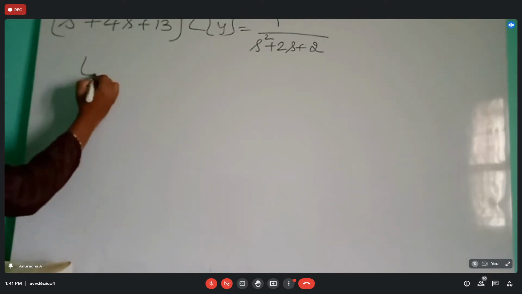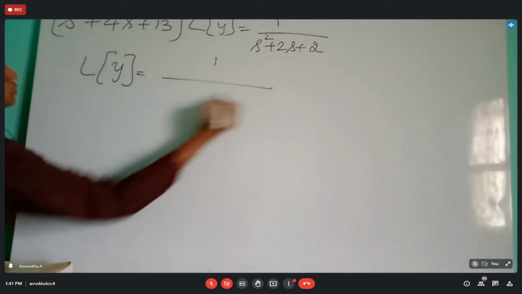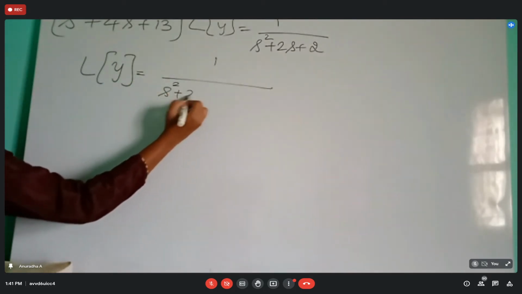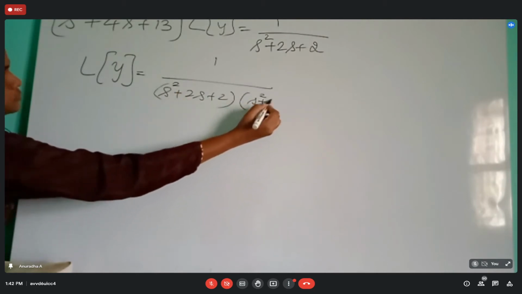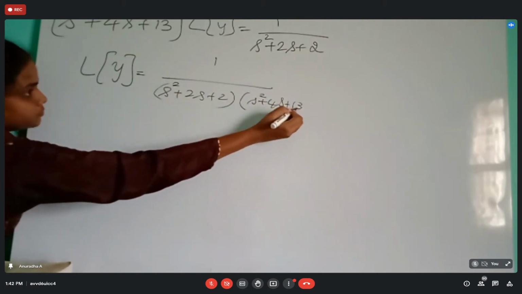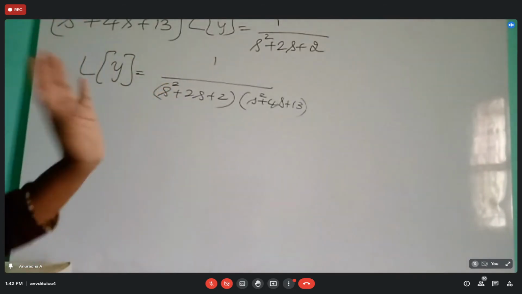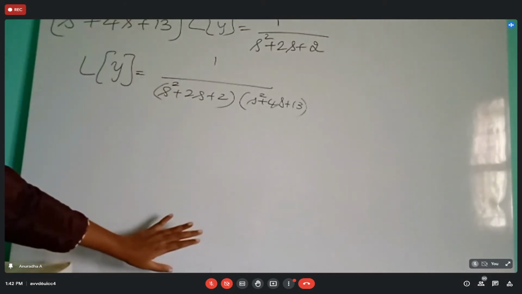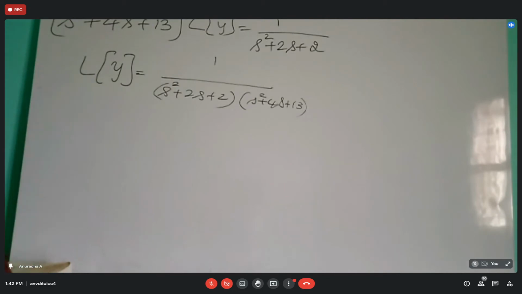So what is L of y? L of y is 1 upon s square plus 2s plus 2 into s square plus 4s plus 13. Now we have to solve this. Usually this is a 12 mark question, so they will not ask the entire sum as a first step in the MCQ.